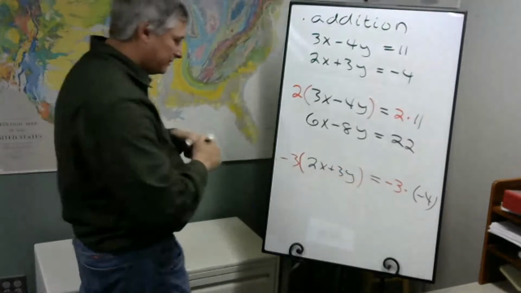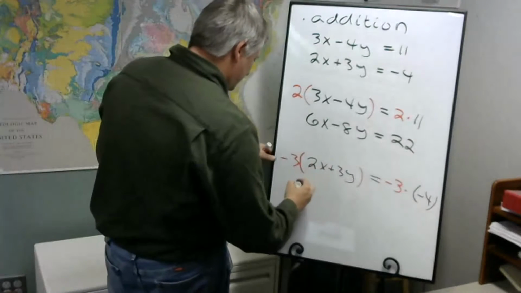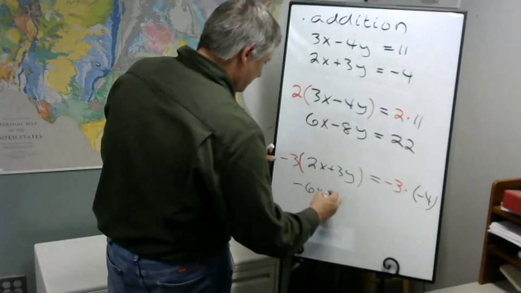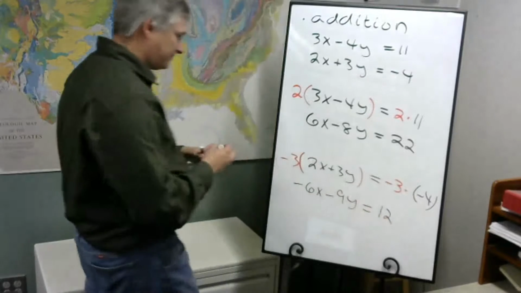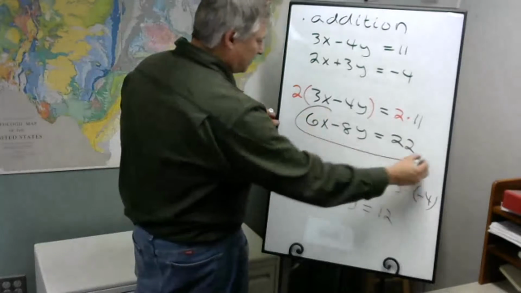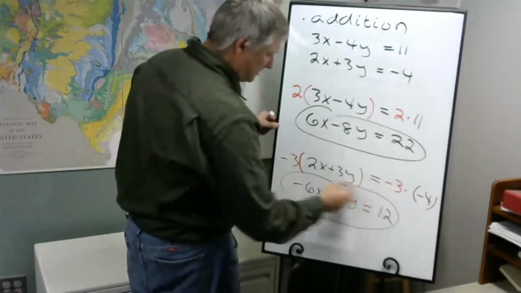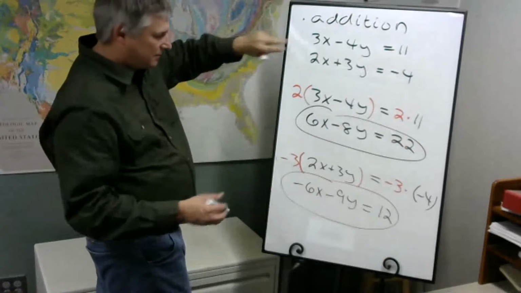Well, if we multiply through, we'll get negative 6x minus 9y is positive 12. So now our system of equations has gone from this to this.